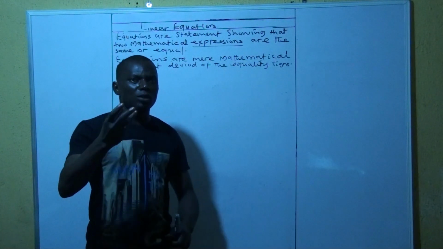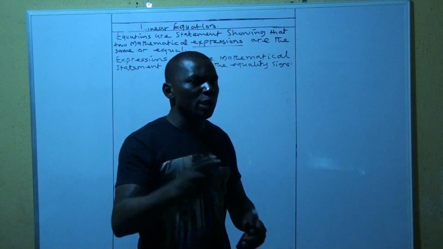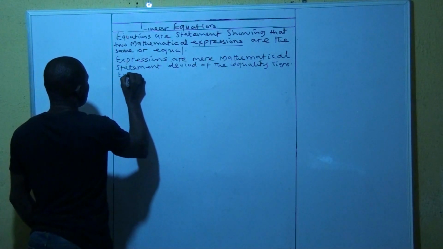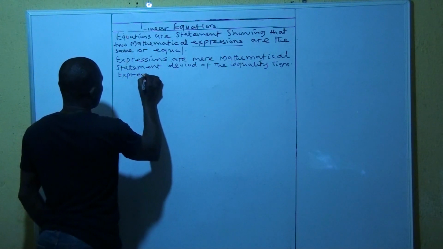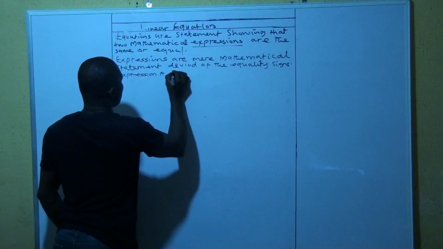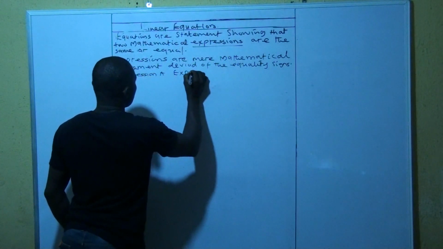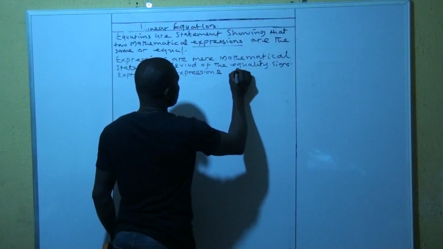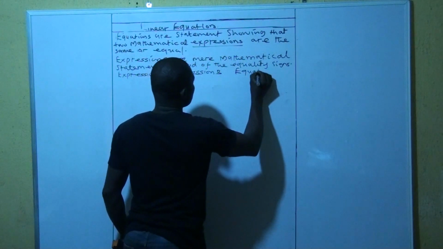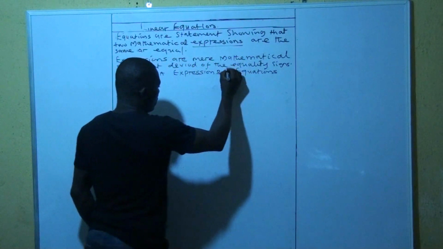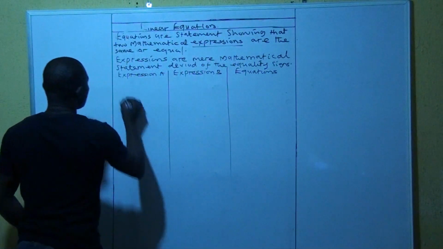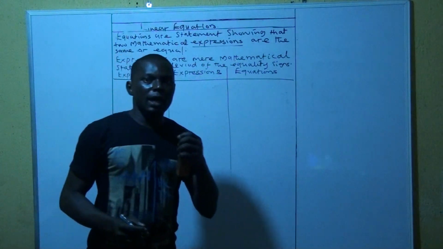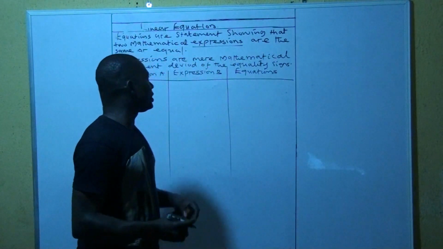So for us to understand this much better, let me express this in a tabular form. We have expression A, another expression B, then the equation. In a tabular form, we are going to see the relationship between equations and expressions. These are the basics.